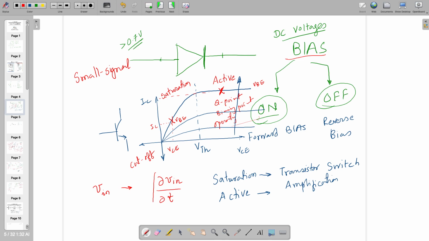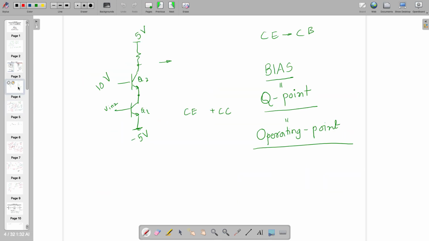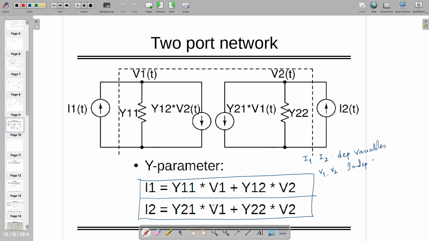This is what we are interested in. So in all the analysis where you want to apply Z parameter, Y parameter or any parameter, you are not supposed to write down the equation like this, where y11 is equal to plain V1 by I1, but in a transistor it is going to be renamed as del I1 by del V1.